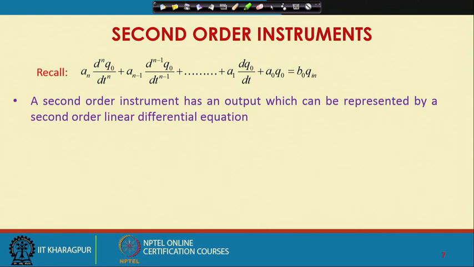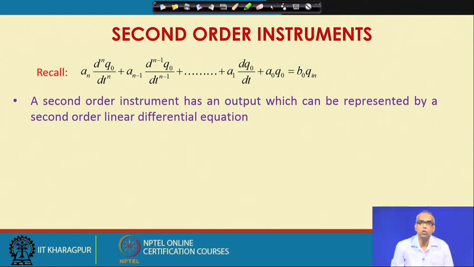So, now we have seen few examples of second order instruments. Let us now talk about mathematical model of a second order system or second order instrument.